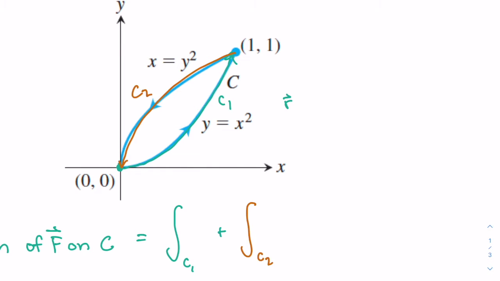If we were to write this in terms of two separate line integrals, we would parameterize the first curve, r1 in terms of t. In this case, it's just the equation y equals x squared, which we can parameterize as x equal to t, and therefore y would be t squared. So we could write this as a parametric curve t in the i direction plus t squared in the j direction. That would be the r of t we would use for our first line integral.